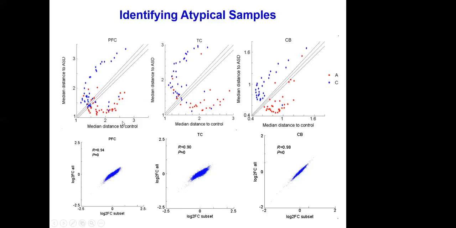The x-axis is how far that epigenome is from control epigenomes. The y-axis is how far that epigenome is from autistic epigenomes. You can see that control individuals are quite far from autistic individuals, and autistic individuals are quite far from control individuals. That's as it should be. But there are some that cross over.